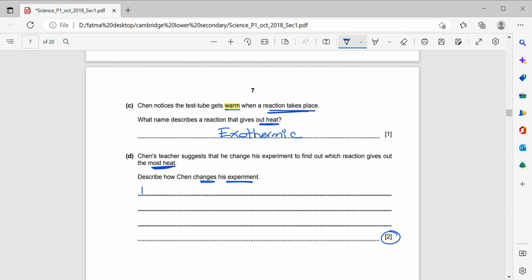So, measure the temperature before adding the metal.